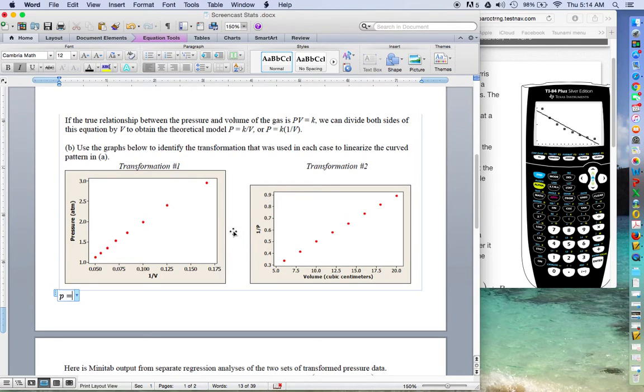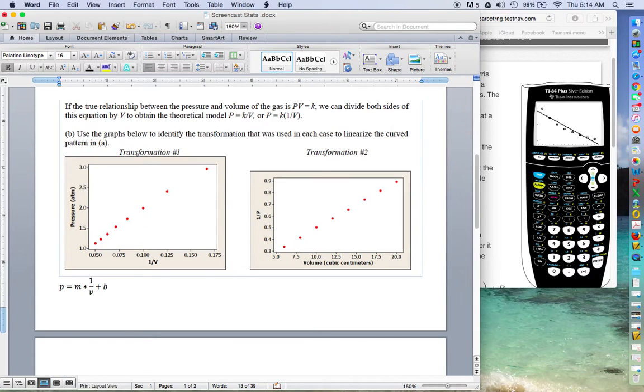So here we're going to have P equals, and I'll just say mx plus b, except it's not just regular old x, it's V for volume, and it's not just regular volume. They've taken the volume and gone 1 divided by the volume. So it's times 1 divided by the volume. So that's the model that they were looking for. That's the first re-expression choice, transformation number 1.